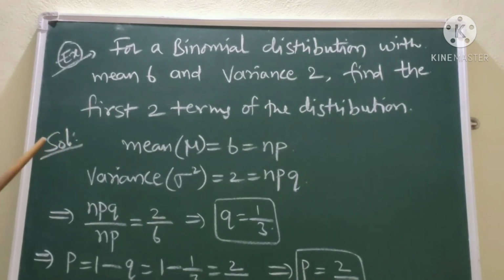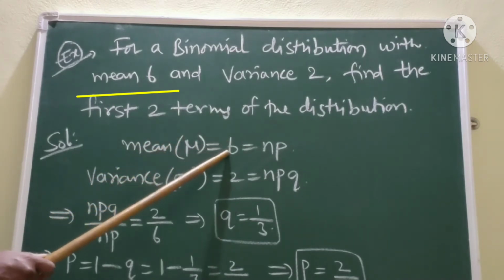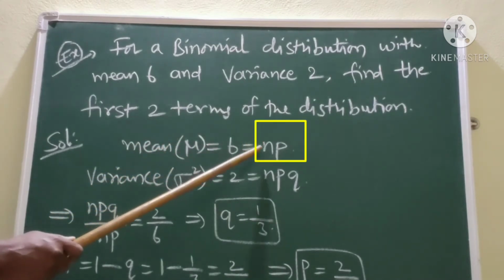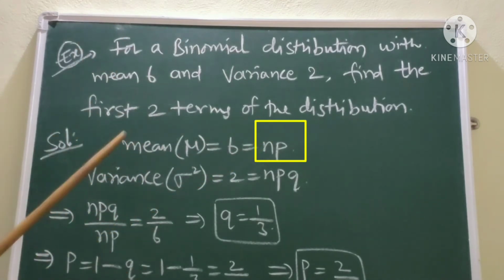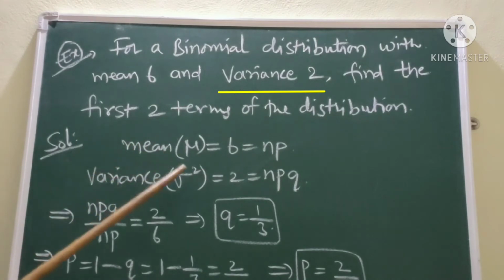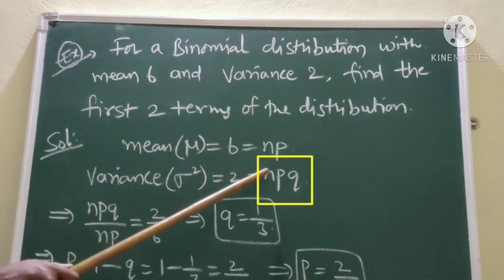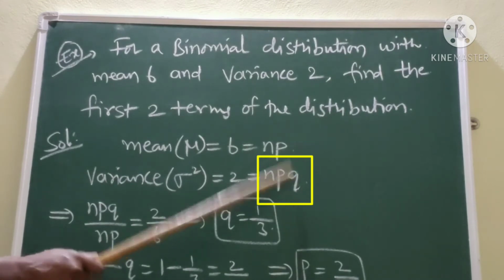Now, what is the given data? Mean, the symbol of mean is mu. Mu is equal to 6, and the formula is n into p. Next, variance, sigma square is equal to 2 is given and the formula is n into p into q.